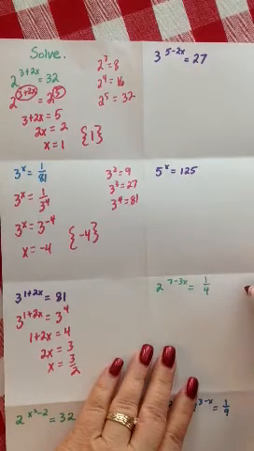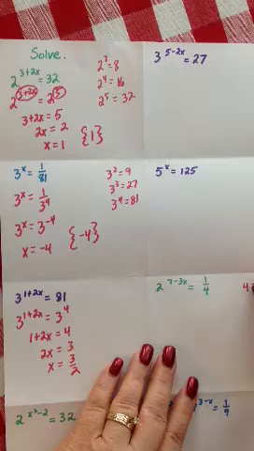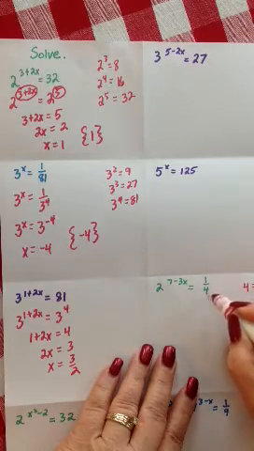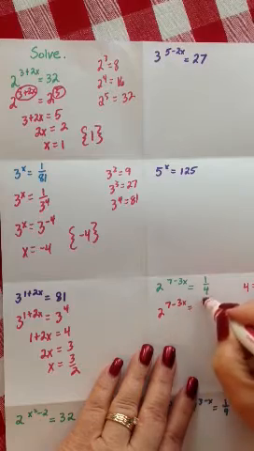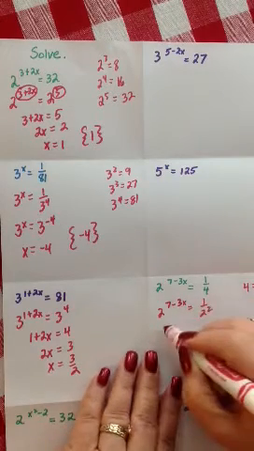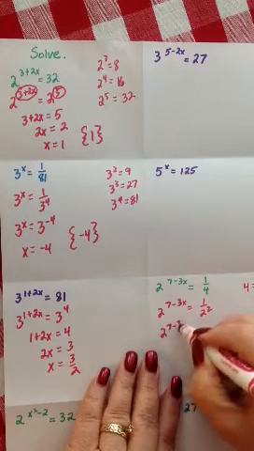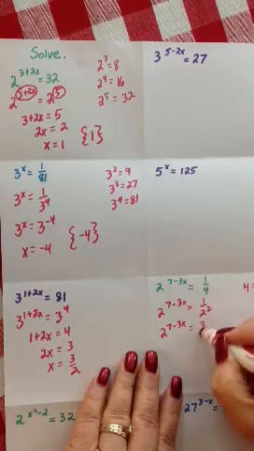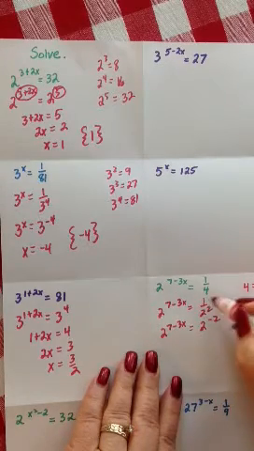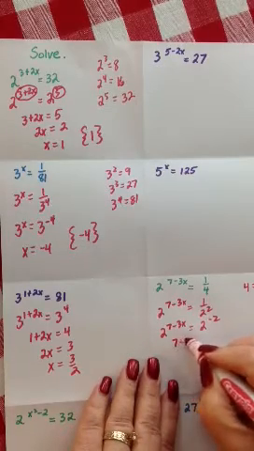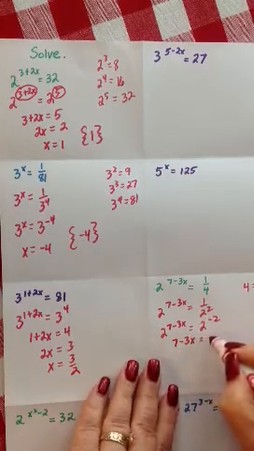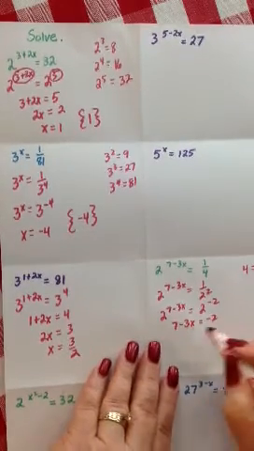So I know 4 is 2 squared, right? So I could change that to 2 squared. So it's 2 to the 7 minus 3x is equal to 1 over 2 squared. Or we could say 2 to the 7 minus 3x is equal to 2 to the negative 2. If you move it to the top, it changes sign. Then you just set these equal to each other. So then you say 7 minus 3x equal to negative 2.